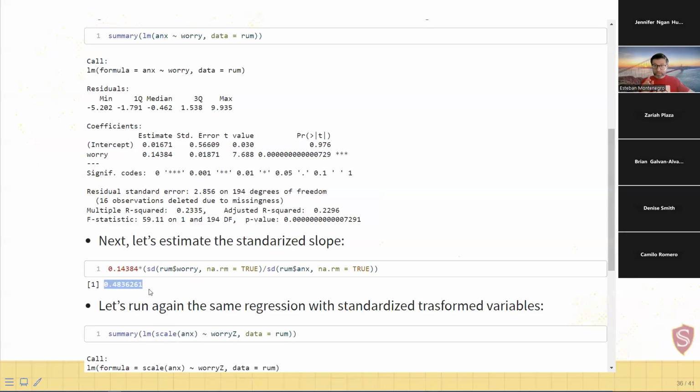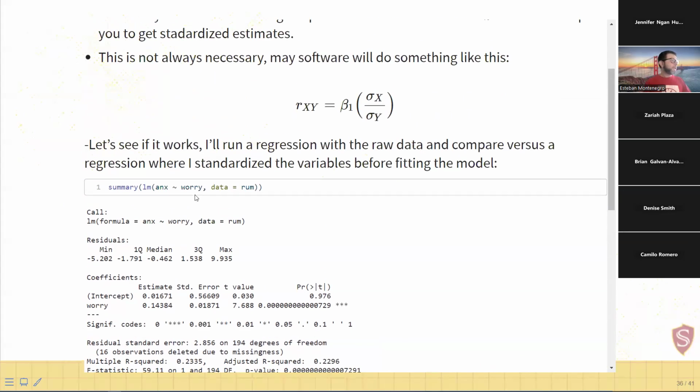Now, just one important clarification. I'm saying this is a correlation because I have only one predictor. If you add more predictors, it is more like a partial correlation. We haven't studied partial correlation, and I don't know if we will have time, but if you add more predictors, that would be a different interpretation.